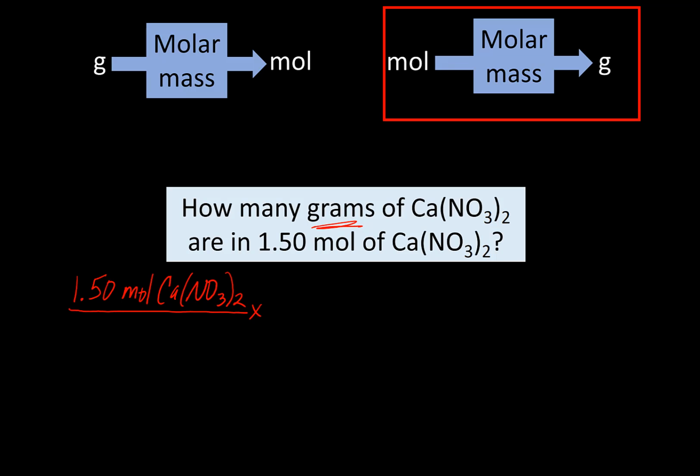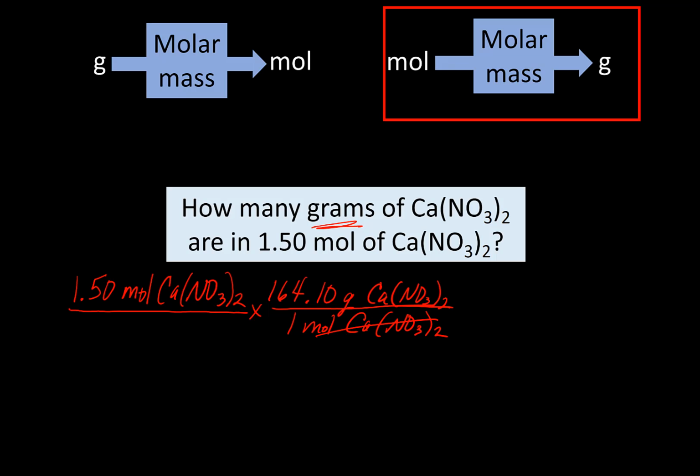This time you multiply by the molar mass that you determined from the periodic table. So 164.10 grams of calcium nitrate per 1 mole of calcium nitrate.